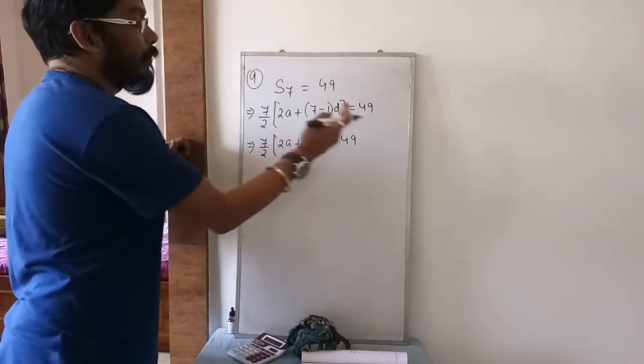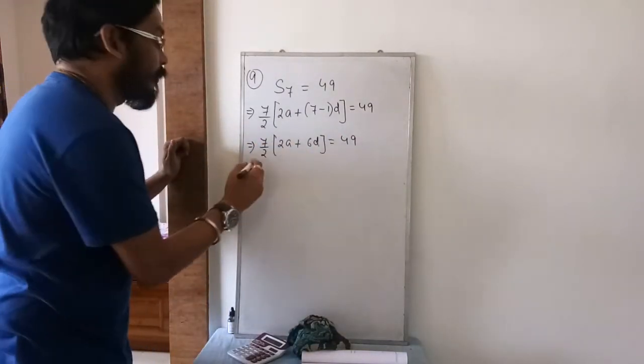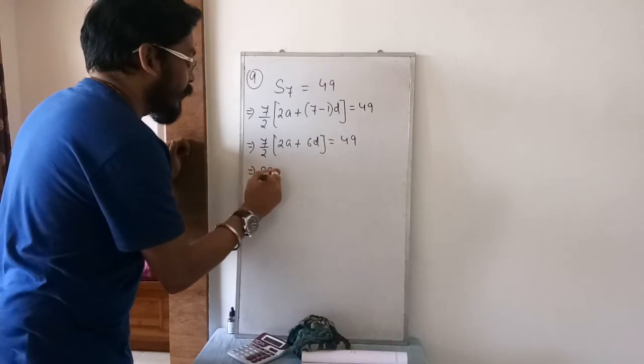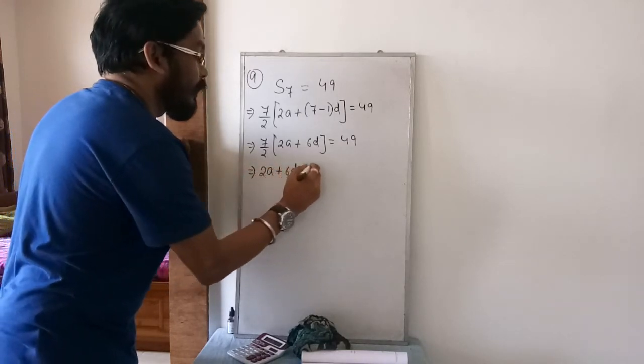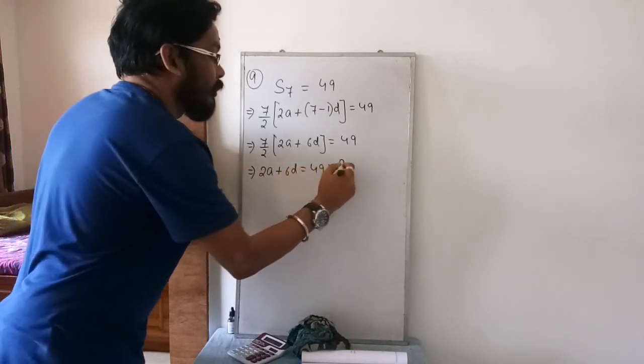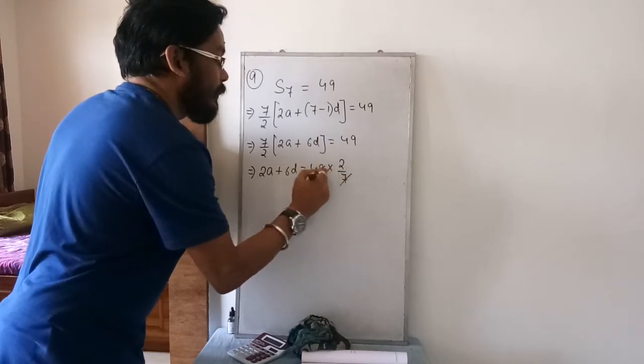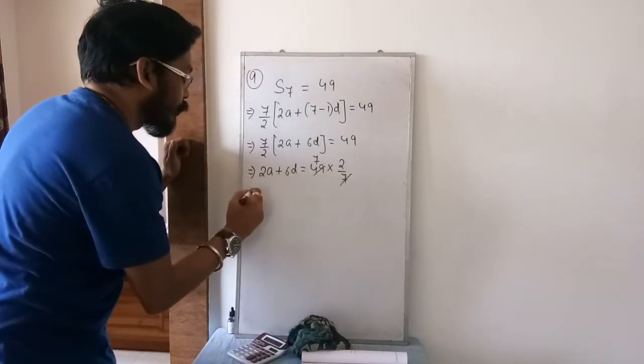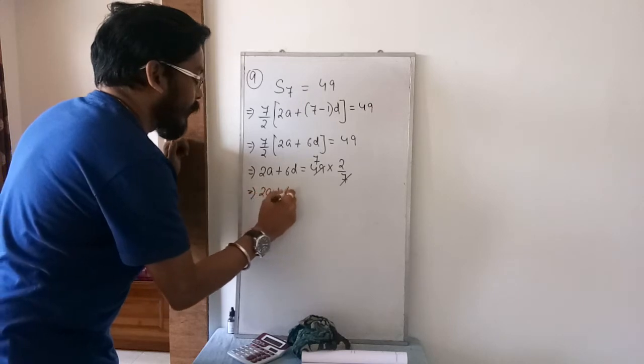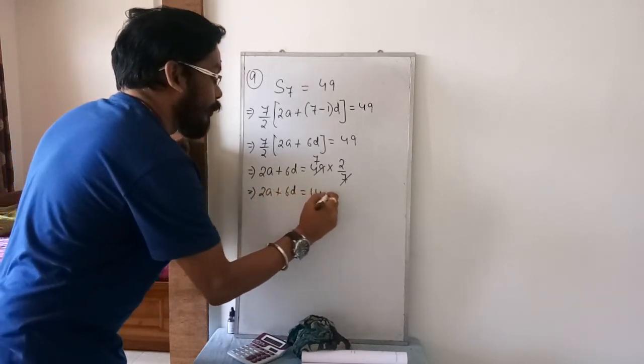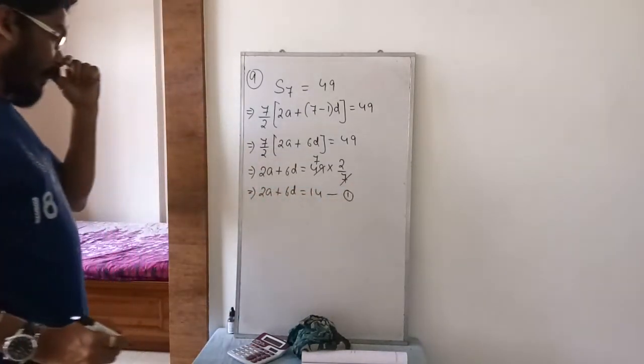You can shift 7 by 2 to the other side; if you shift it, it will become divide. So it is twice a plus 6d equal to 49 into 2 by 7. 7 sevens are 49, so twice a plus 6d equal to 14. You can call this equation 1.